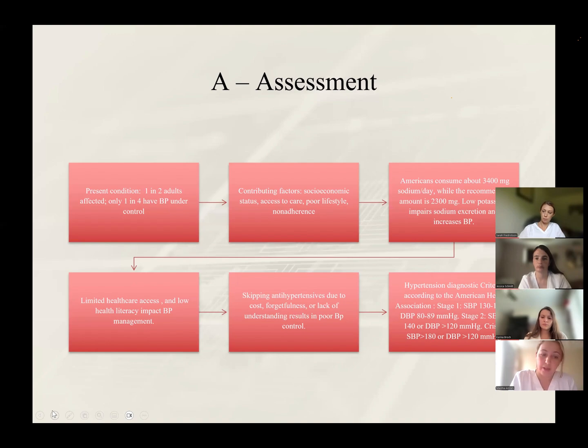And again, limited healthcare access and low health literacy impact blood pressure management, skipping meds and non-adherence. This is a big one as well. Sometimes our elderly population skip their meds because they don't know which one they took or when to take them. Sometimes they take one of their meds twice and forget to take the other.